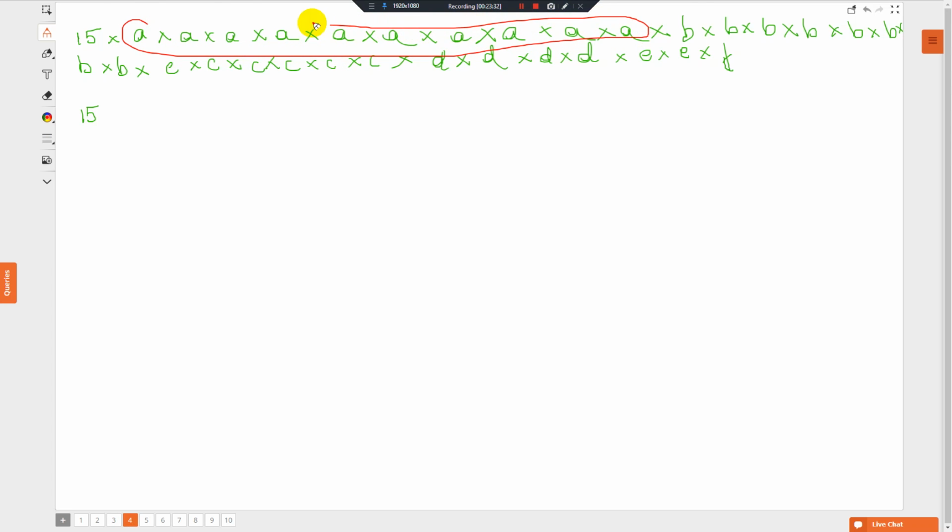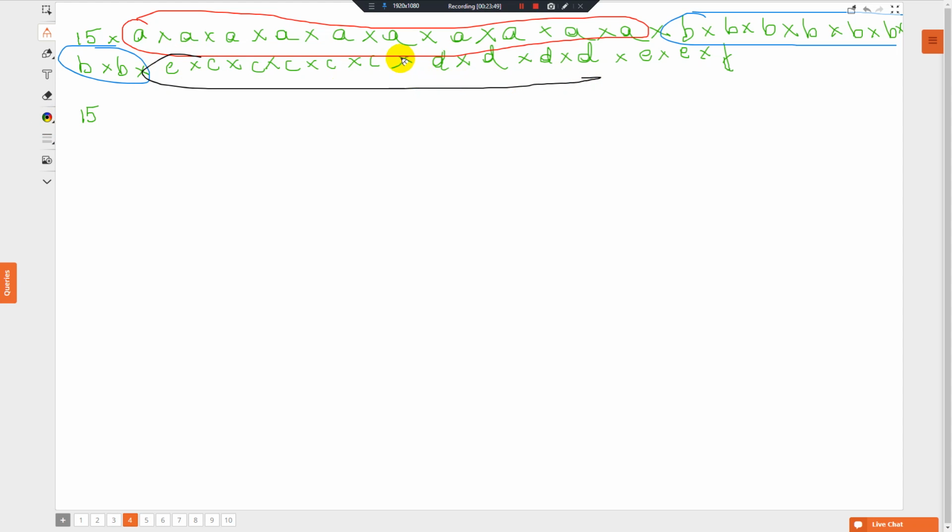Choose this. Now take the next color. Group second. Now take another color and group the third.